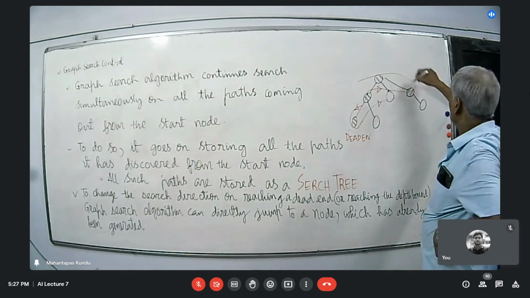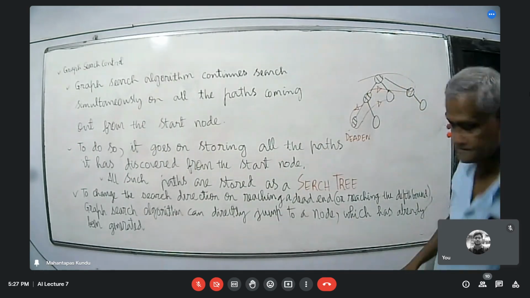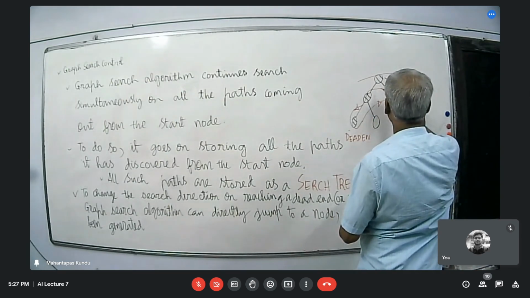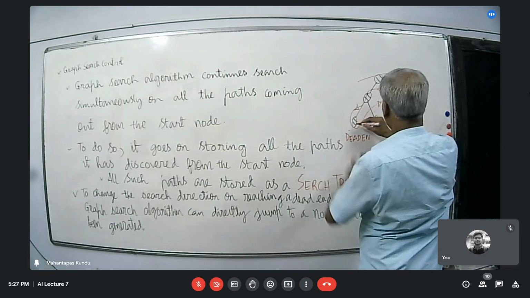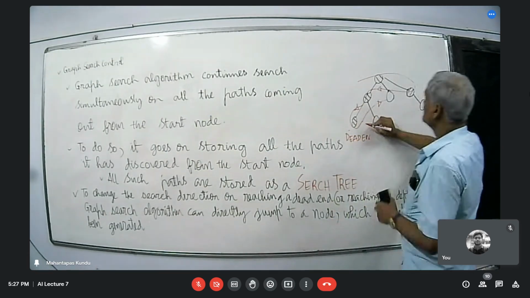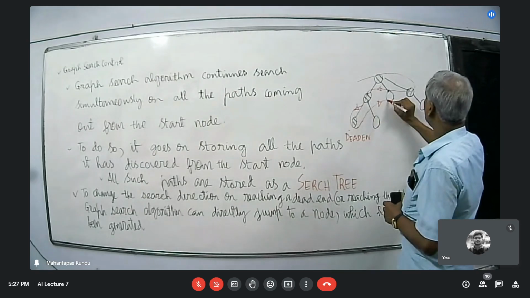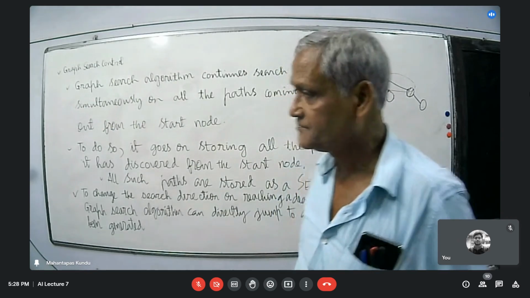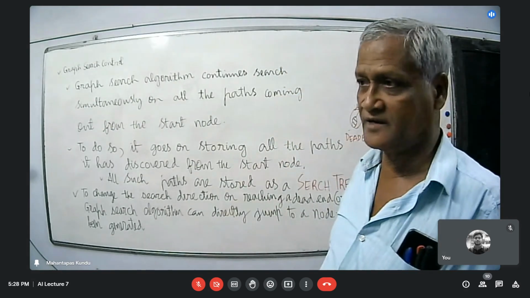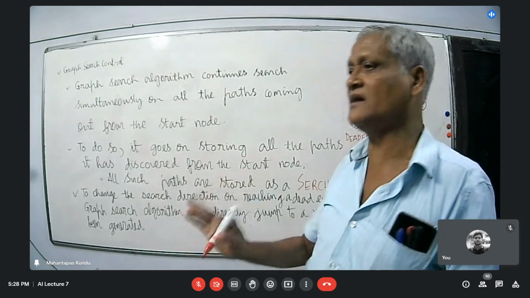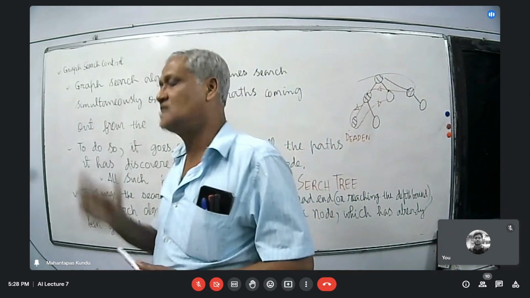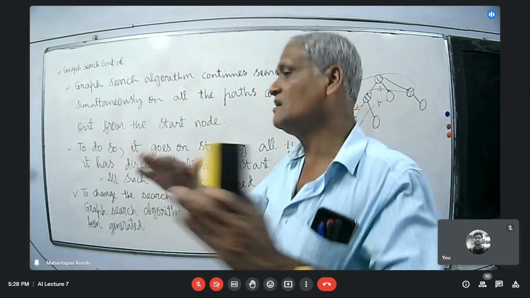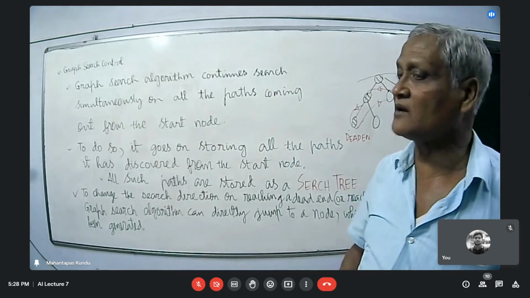As if these nodes are visited, and it reaches a dead end here. And it can directly jump to any of the leaf nodes of this search tree, which has been generated but not visited. It is unlike the case of backtracking. It is unlike the case of irrevocable control. Now let me illustrate graph search algorithm with an example.